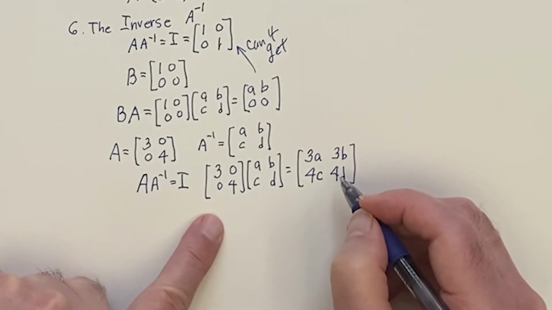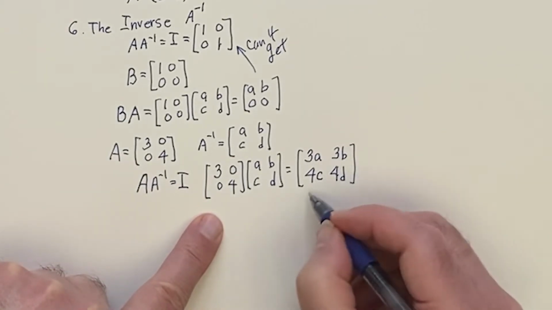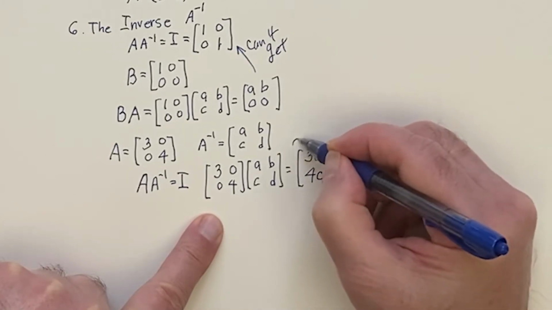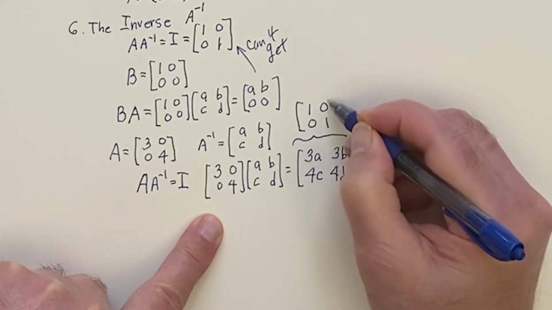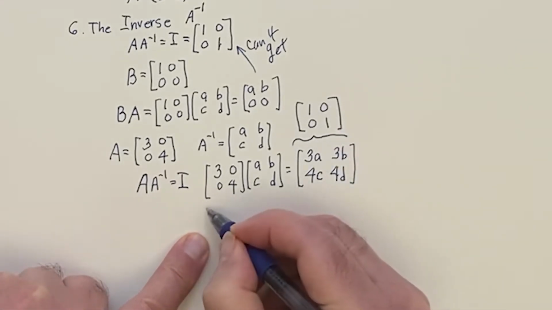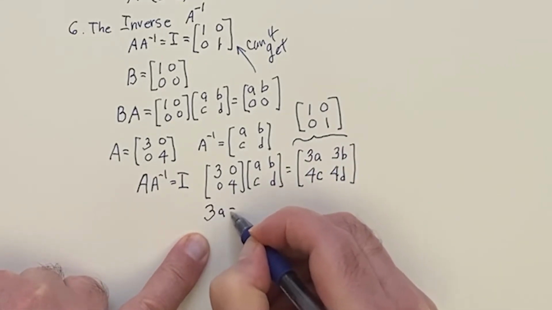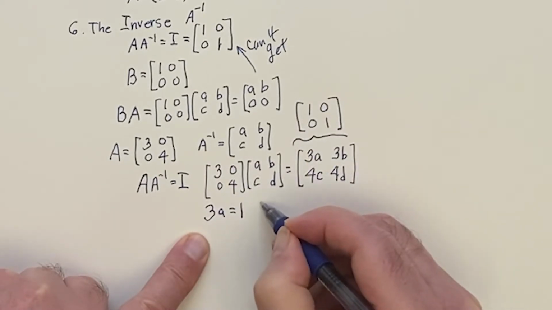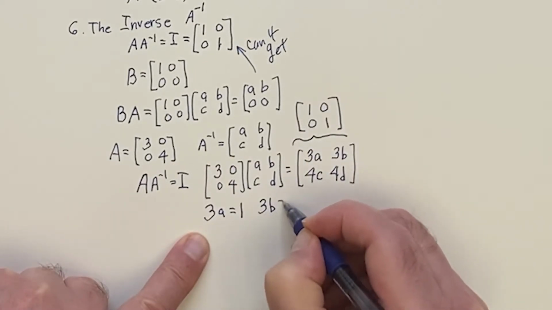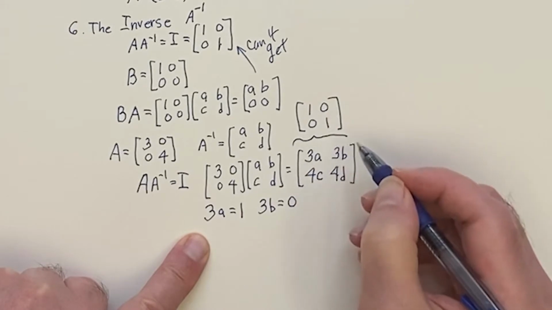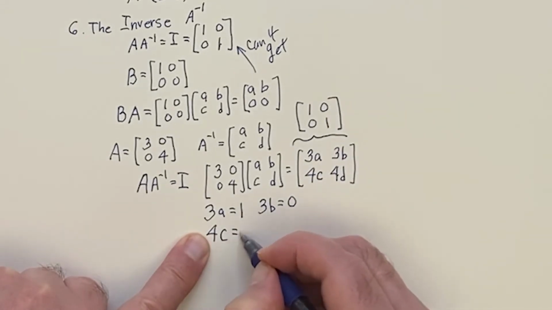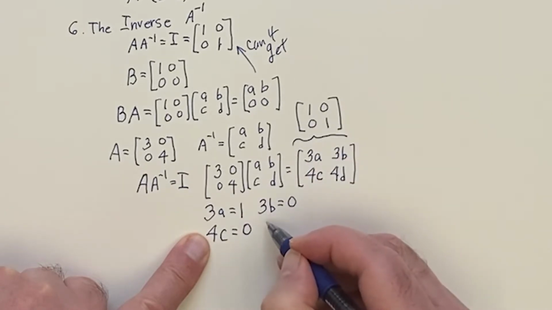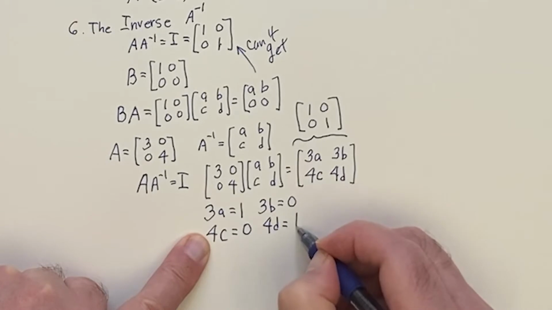So what we want here is we want this thing to be the identity matrix. So in other words, we want 3A to be 1. We want 3B to be 0. We want 4C to be 0. And we want 4D to be 1.